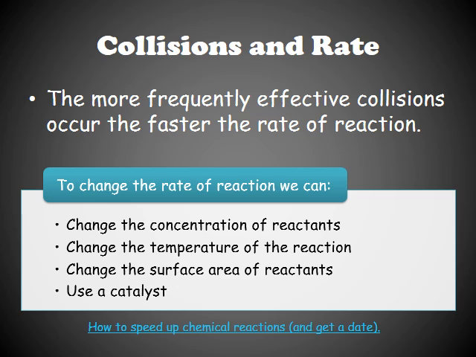You can change the surface area of the reactants, which means that there are more reactants available to react, or you can use a catalyst which lowers the activation energy and also places the particles in the correct orientation and allows the reactions to occur on the surface of the catalyst.